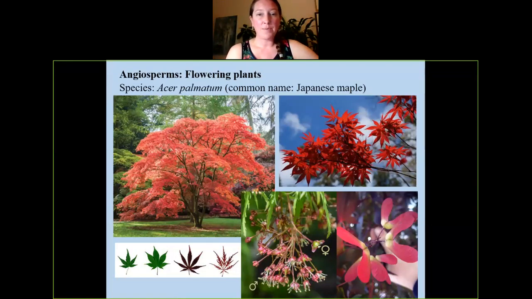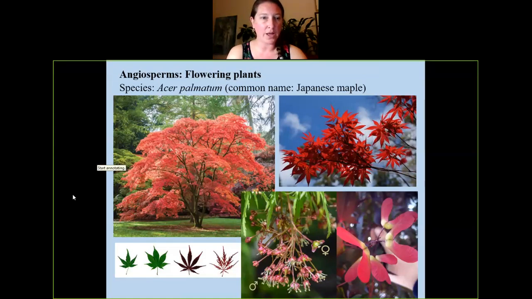Now we're going to do Japanese maple. Japanese maple has very beautiful leaves. They can be many different colors depending on the species. Very, very common landscape plant. You probably have seen them around different areas where people put a lot of time into their landscaping. The leaves kind of look like marijuana leaves, depending on the species.